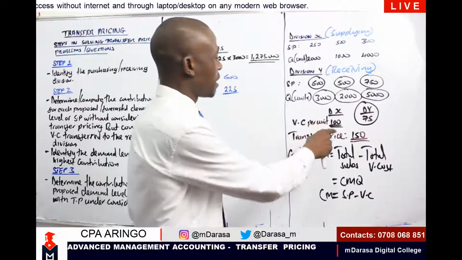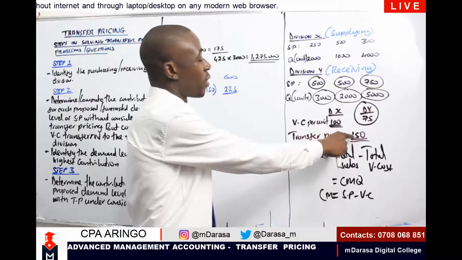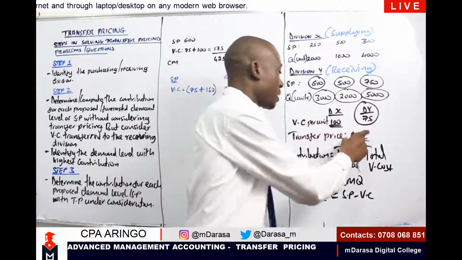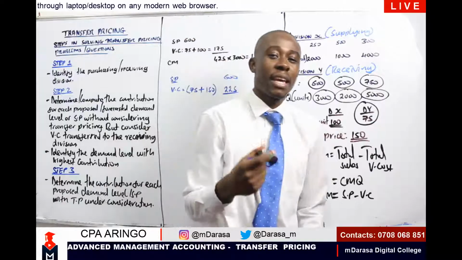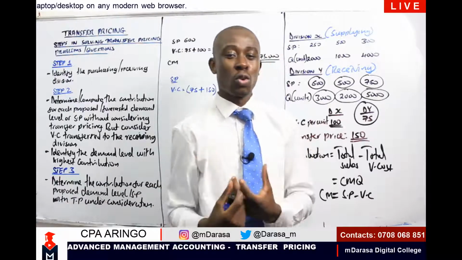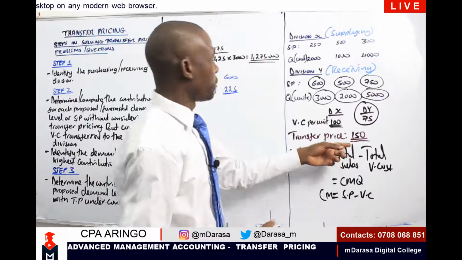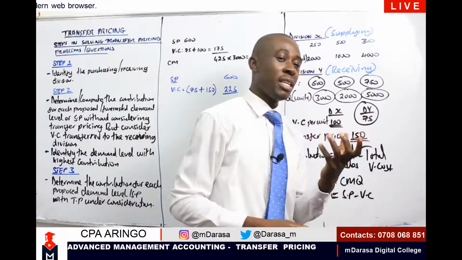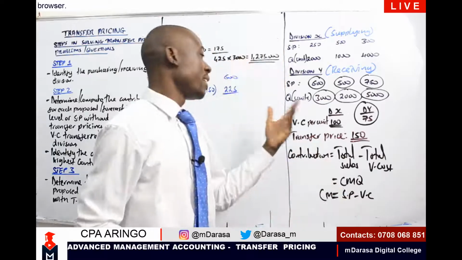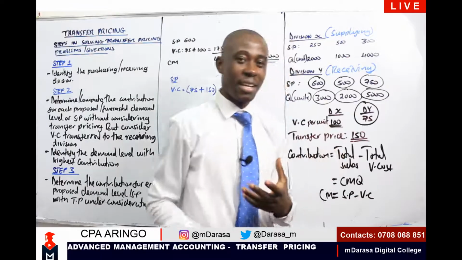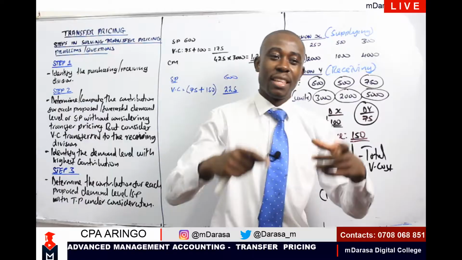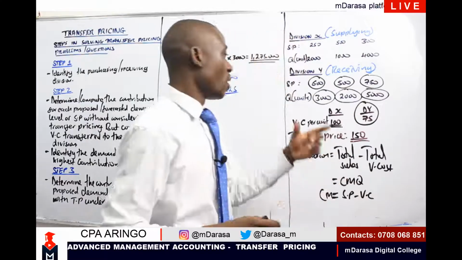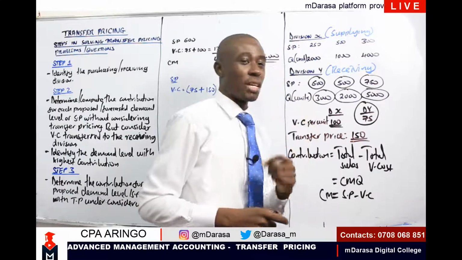So the 150 that you are charging here, already in this case, we have taken care of what? Of our variable cost. The 150 that X is charging to Y, the 150 here that we've taken as transfer pricing, they have already considered their variable cost, meaning that the 100 is already in that 150.